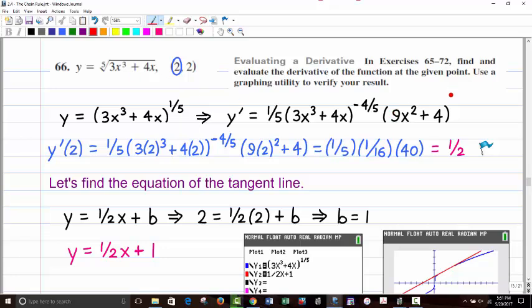And then we take the derivative of the inside, 9x squared plus 4. So now we're trying to find that slope, so the derivative, so we just plug in the 2, and I circled which 2 it is. It's the x, not the y. The y just happens to be 2. So I'll plug it in there, and let's see what we got. Put the 2 in there, put the 2, put the 2. That's what our calculator's for. If I did it without it, that's okay. Anyway, it turned out being 1/2.